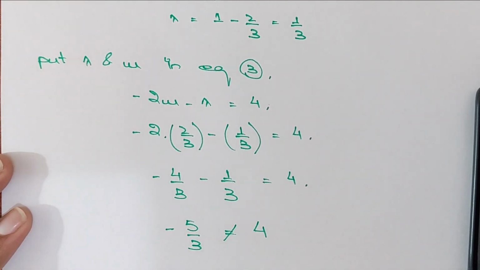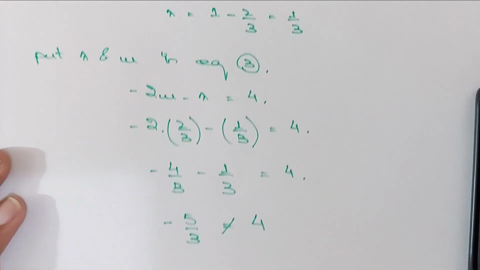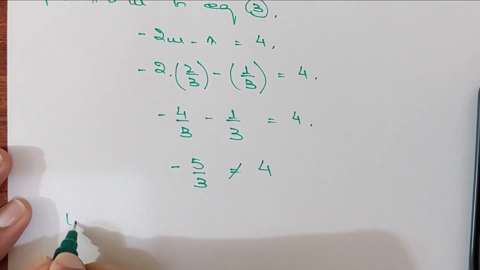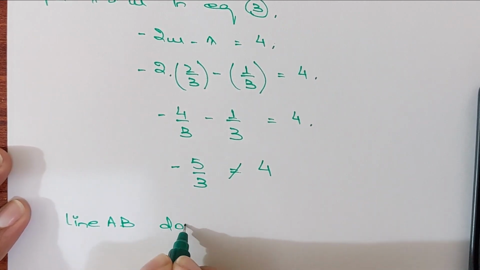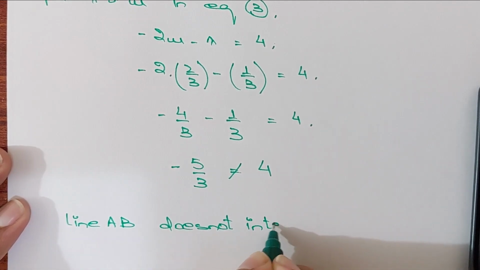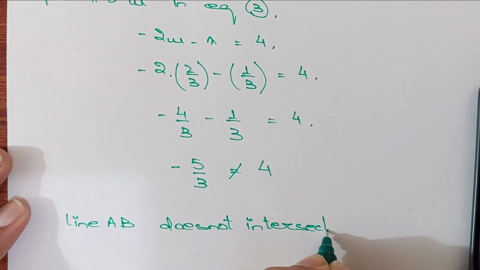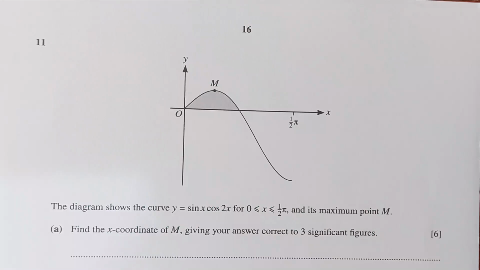Minus 5 by 3 is not equal to 4, so both sides of the equation are not satisfied. So we can say that the line through AB does not intersect the line through L.